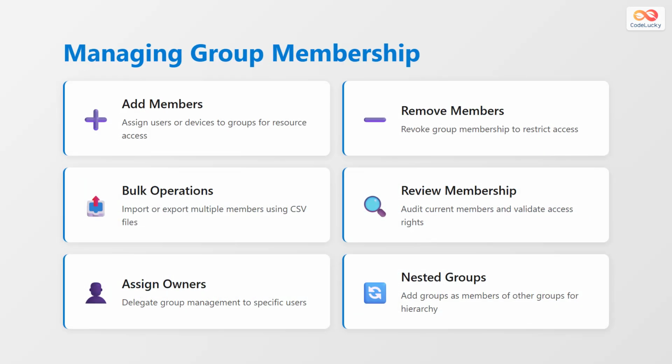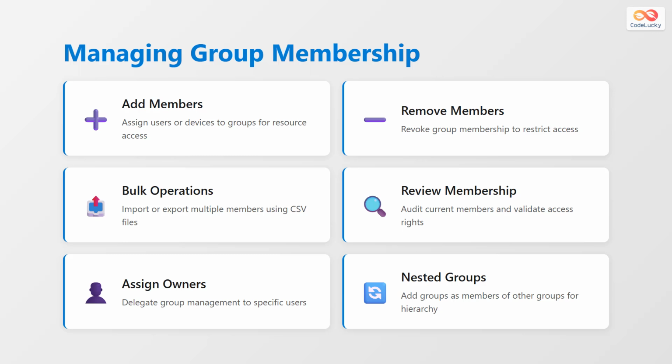There are 6 key operations for managing group membership. You can add members to assign users or devices to groups, granting them access to resources. You can remove members to revoke group membership and restrict access when needed. Bulk operations allow you to import or export multiple members using CSV files, saving time when managing large groups.